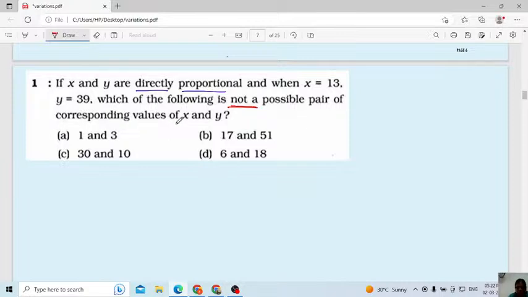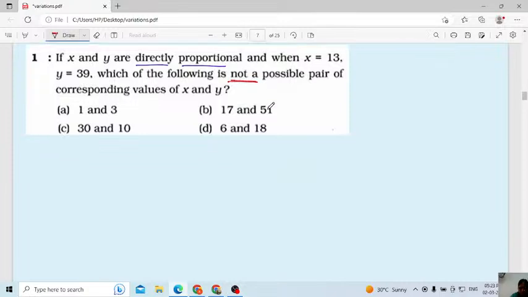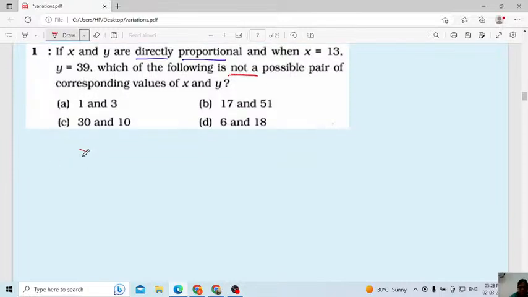See, I underlined. Which one is not, they are asking. Check all the four. Then tell me which one is not in direct proportion. What is meant by direct proportion? I will write x is directly proportional to y. Otherwise, x by y will be constant.